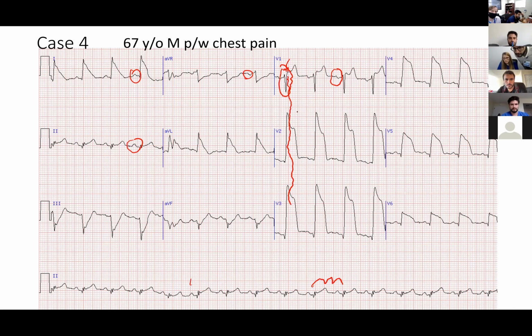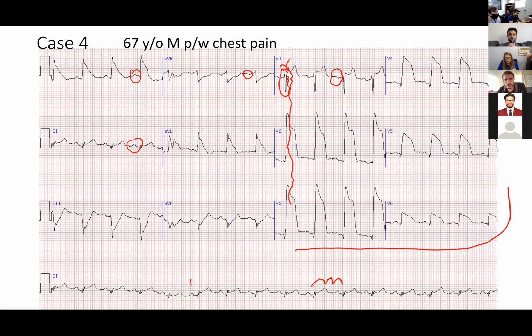So anyone remembers about locations? Where would you say? If you don't know, it's fine, but if you know, go ahead. I'm going to say anterior, like LAD, just because it's right at V2, V3, V4.